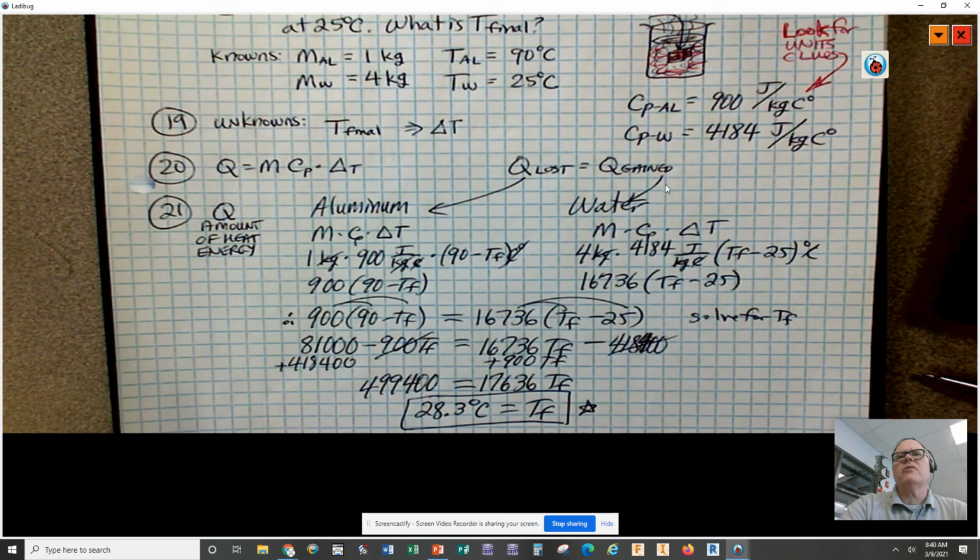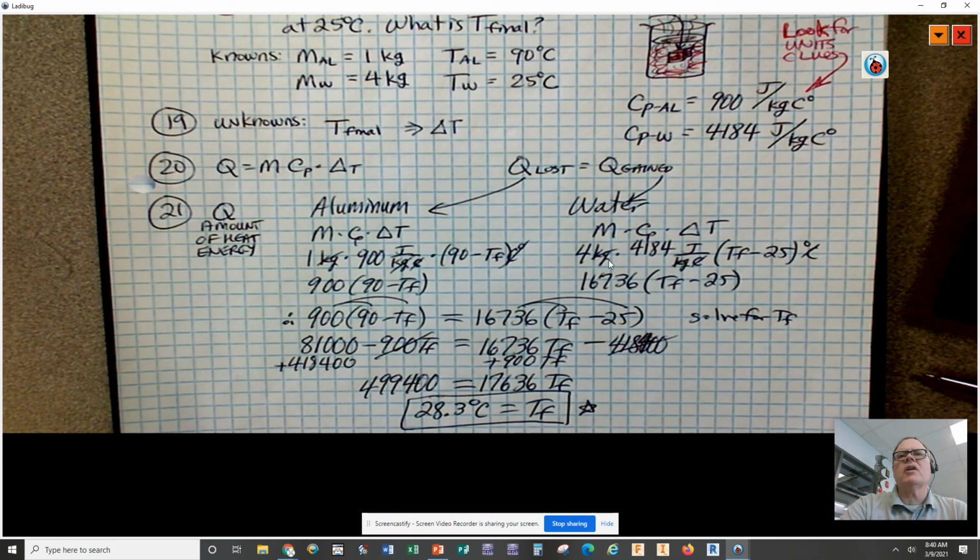Let's do the same thing for the water. MC delta T. The mass of the water is 4 kilograms. The specific heat capacity is 4184. And the change in temperature is TF minus 25. In this case, the TF is first because we know the final temperature is going to be hotter for the water, so that'll give us a positive number. So TF minus 25 is the delta T for the water.